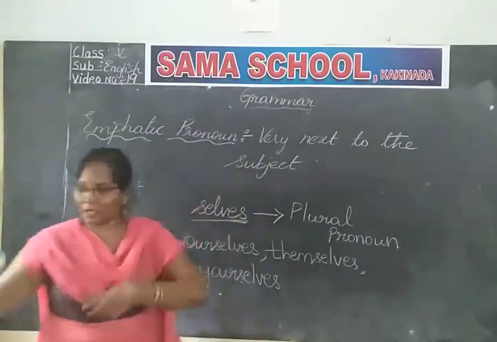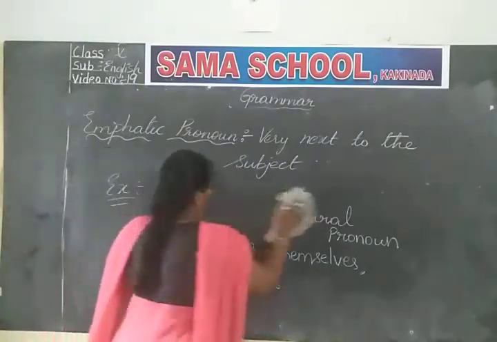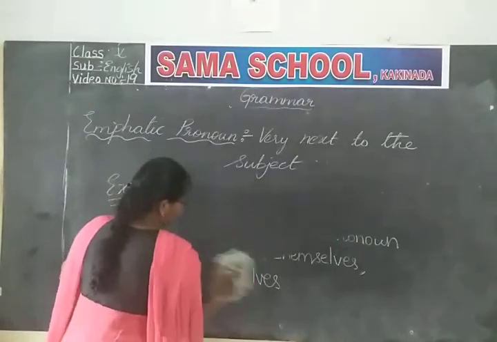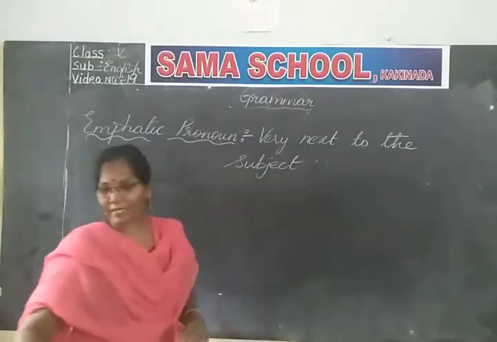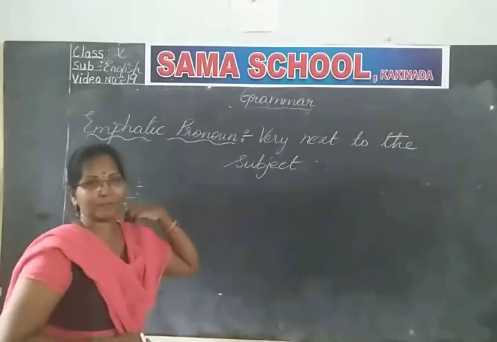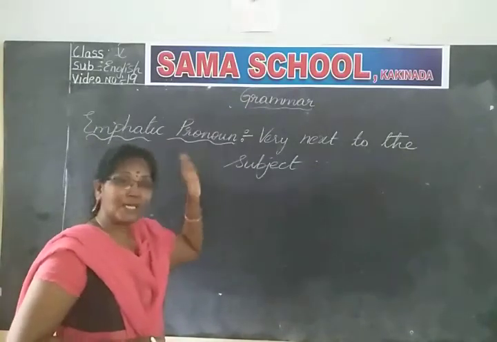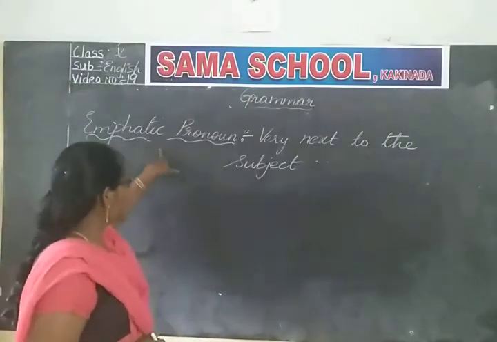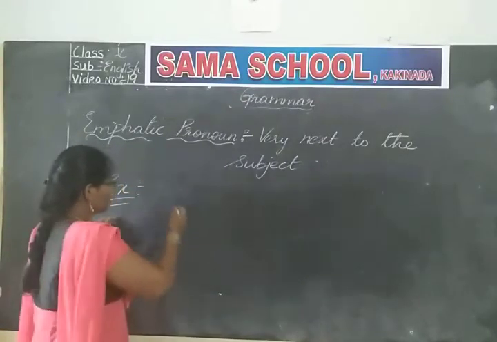Plural and singular is clear now. Now, where to use this, that I am going to explain. The reflexive pronoun, I told you, won't come very next to the subject. If it comes next to the subject, then we consider it an emphatic pronoun.